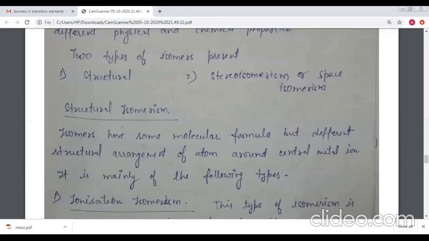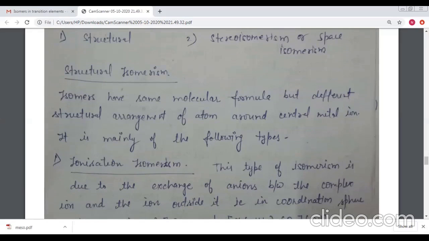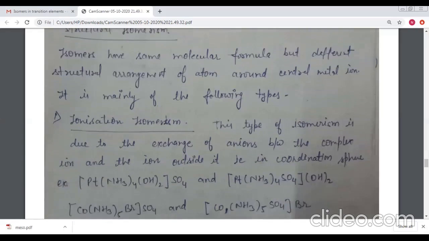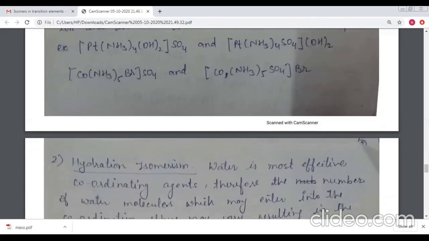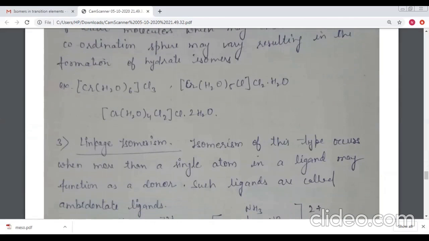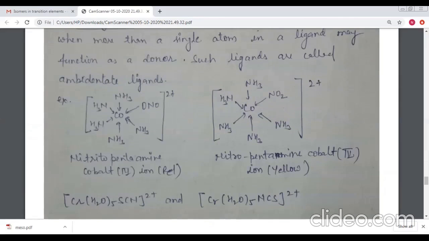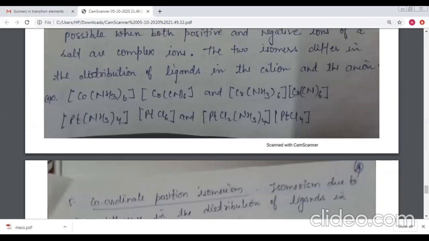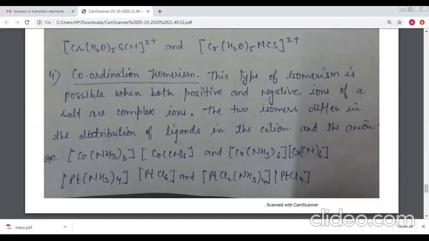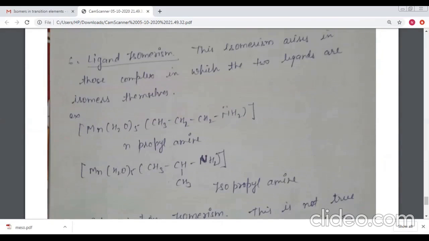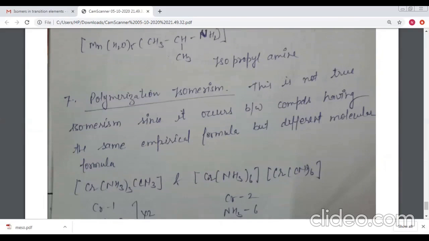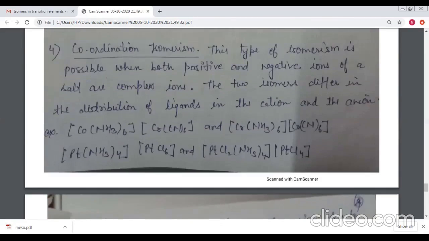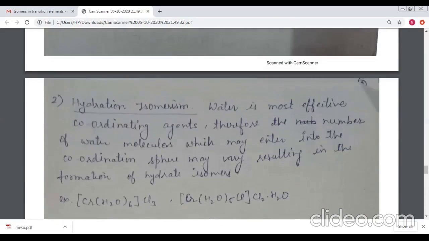There are 7 types of structural isomers: first is ionization isomerism, second hydration isomerism, third linkage isomerism, then coordinate isomerism, coordinate position isomerism, ligand isomerism, and polymerization isomerism.